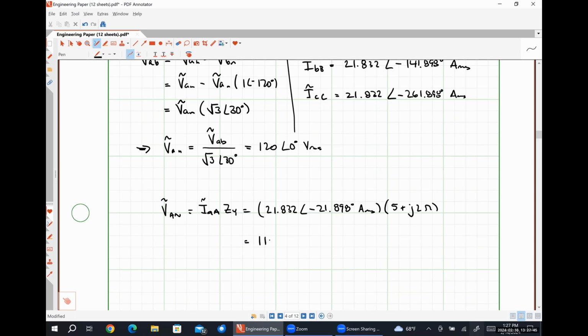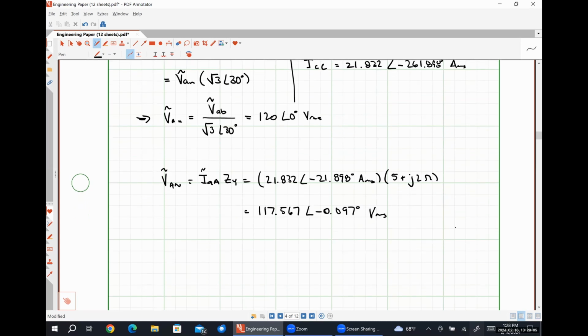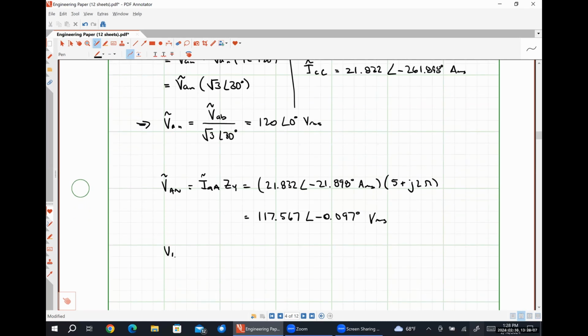And I got 117.567 with an angle of negative 0.097 degrees volts RMS.